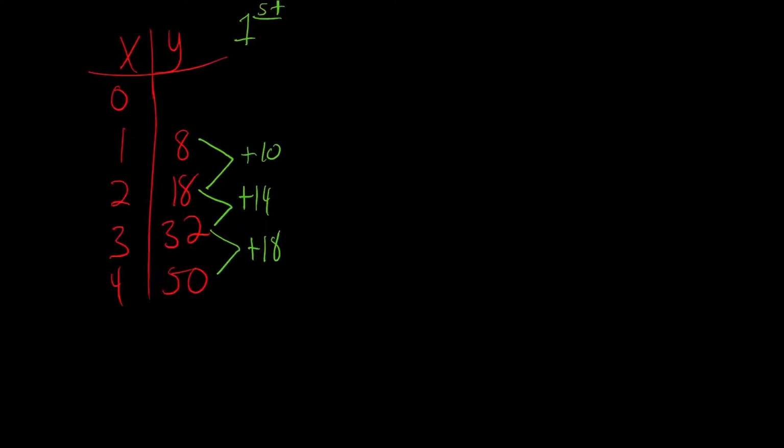Next, I need to find my second difference. Meaning, what am I doing each time here? So 10 to 14, we are going to add 4. 14 to 18, I'm adding 4.